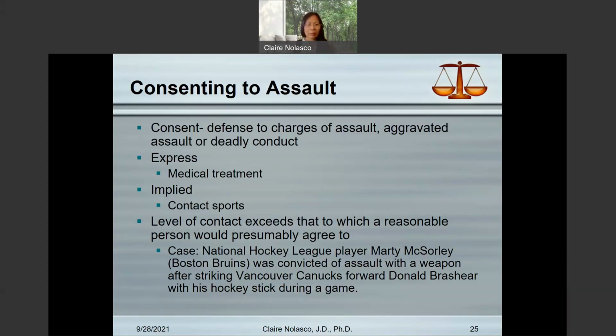Now, if the level of contact exceeds that to which a reasonable person would agree to, then consent is no longer assumed. Okay? And you would be liable for assault. For example, if you engage in a fight in the middle of a contact sport.